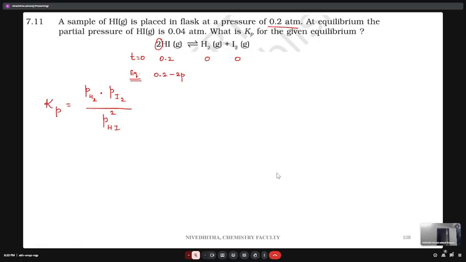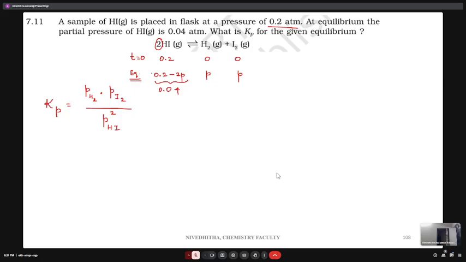And actually it is given as 0.04 atmosphere. And here pressure due to hydrogen will be small p and pressure due to iodine will be small p. So find the value of Kp.